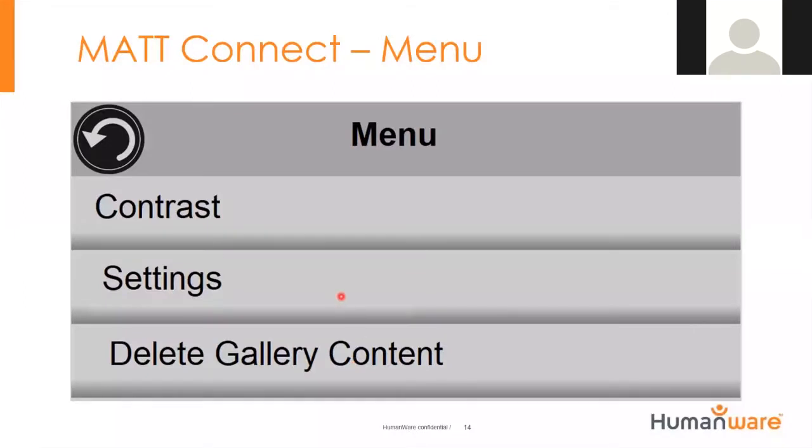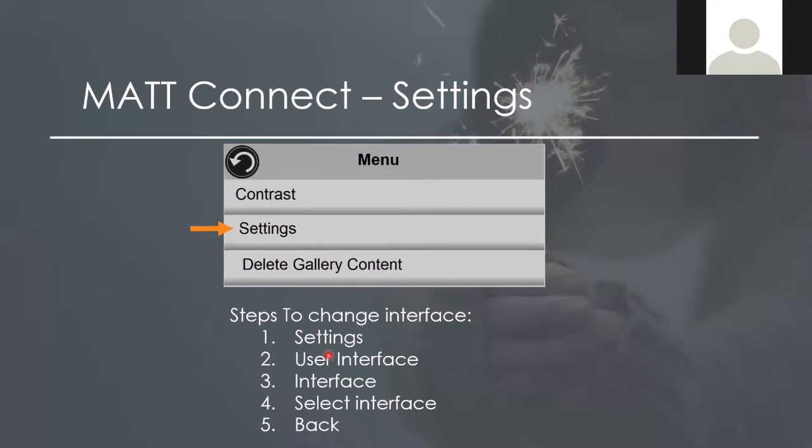But if you're in the standard mode, then you can just go in the settings application in the advanced mode, and you'll see a big icon, settings, in Prodigy. You go into settings, select user interface, tap on interface, and then select the interface you want, and then you just go back and everything's done automatically for you.